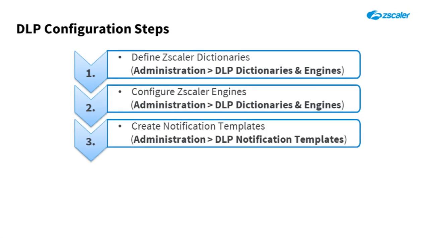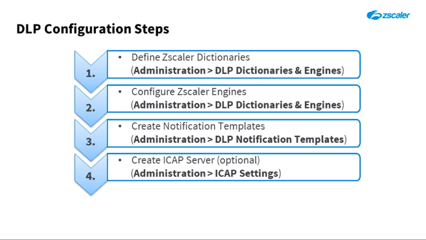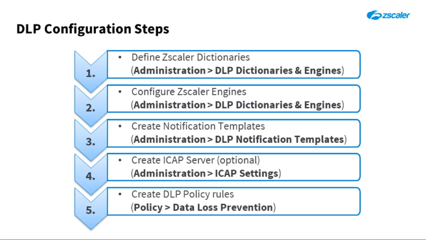Next, you may need to create or manage the DLP notification templates on the Administration DLP Notification Templates page. If you plan to send suspect transactions to an external DLP server using ICAP, you need to add the server to send them to on the Administration ICAP Settings page. Finally, you can begin to define your DLP policy rules to reference the engines, templates, and servers that you have defined.